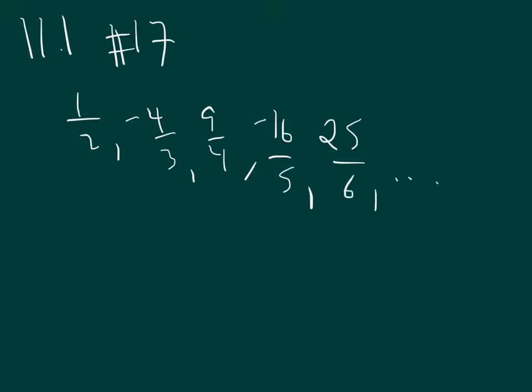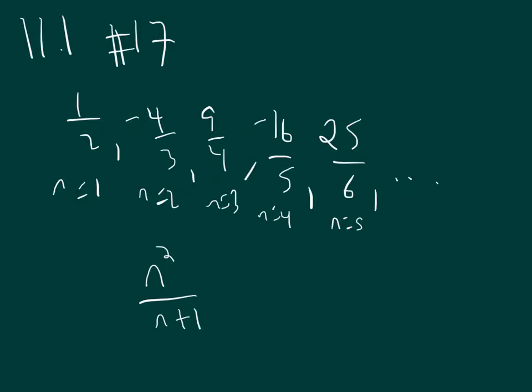So here it's a couple things to look at. First is, we'll number these. This is n equals 1, n equals 2, n equals 3, n equals 4, n equals 5. So once you number these, you can see a couple things. One is that the numerator is just n squared, and the denominator is always n plus 1.